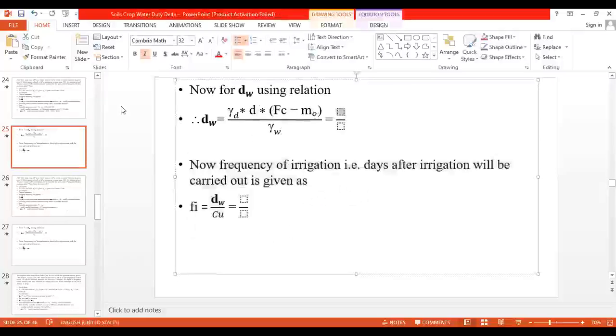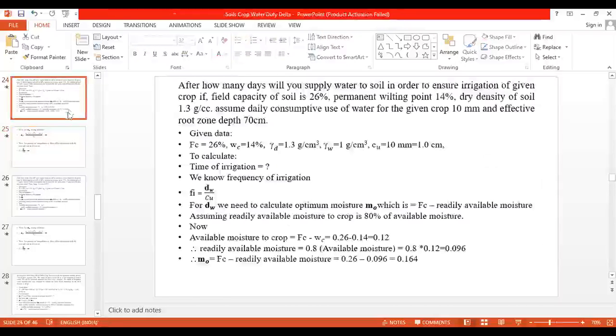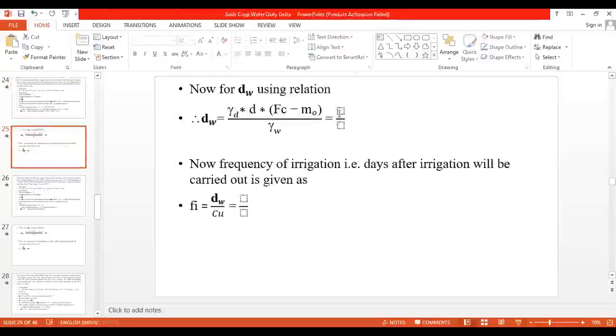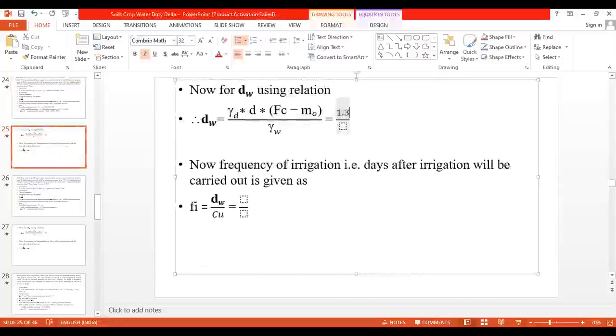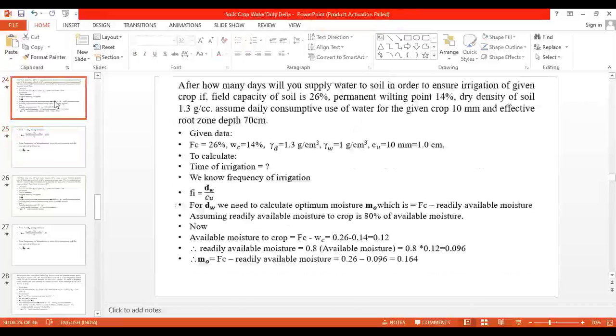We know the magnitudes. What is the magnitude for gamma d? Sorry, gamma d is 1.3. That is 1.3 into D, the depth of root zone.